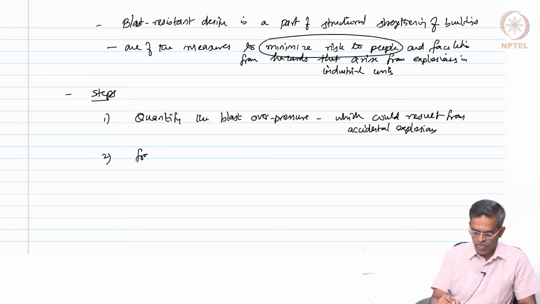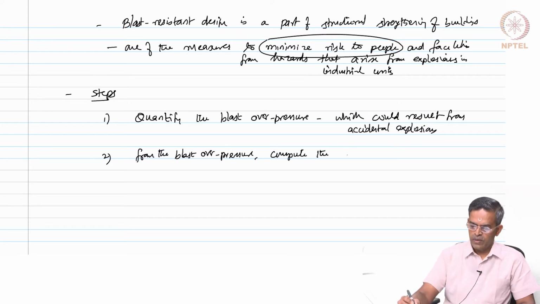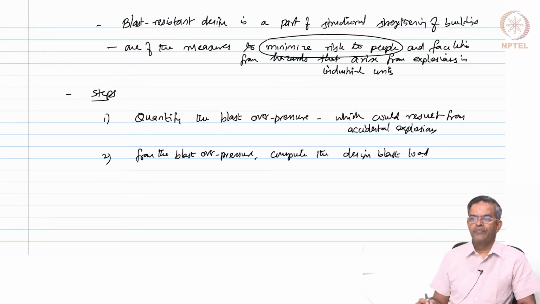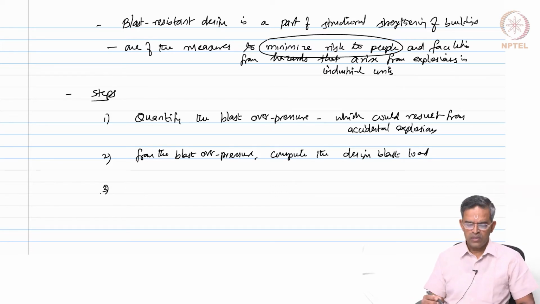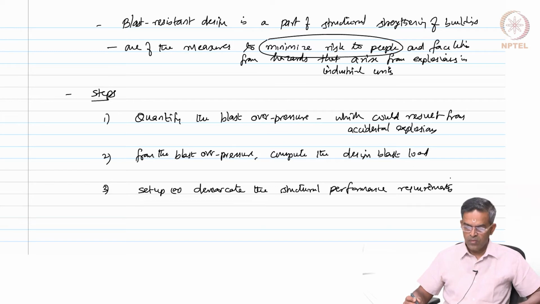So, from the blast overpressure, compute the design blast flow. The third step would be to set up the structural performance requirements. And the fourth step could be to design the building to withstand these loads.